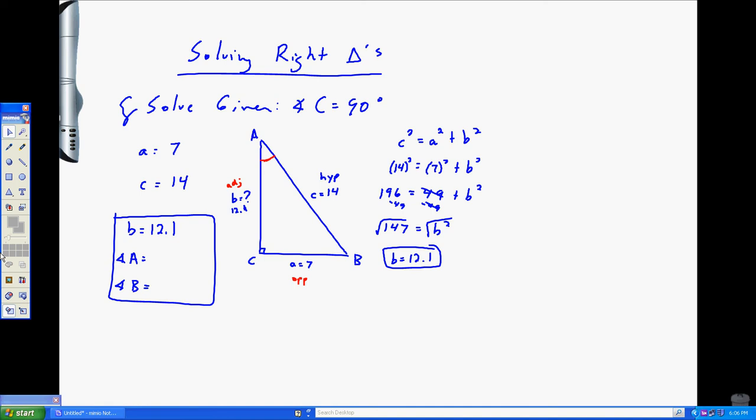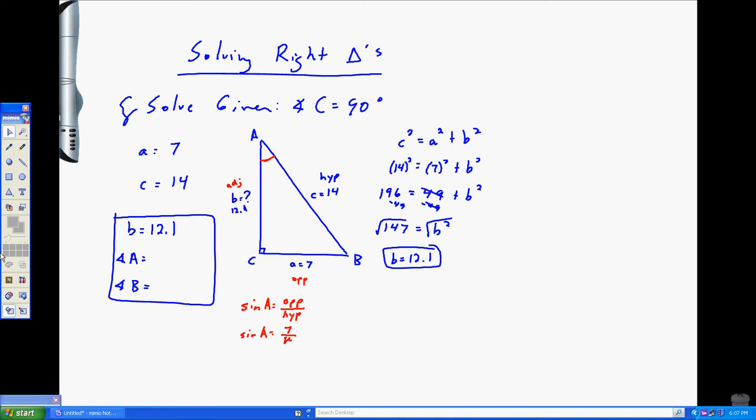Well, the trig ratio of sine theta, and we'll review these, but in this case it's going to be sine of A is equal to the opposite over the hypotenuse. So when I fill this in, I'm going to substitute my values in. The sine of A, we don't know what A is, that's what we're trying to find, is equal to the opposite side, which was 7, over the hypotenuse, which is 14.